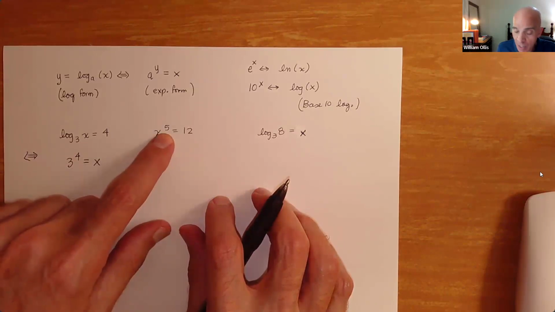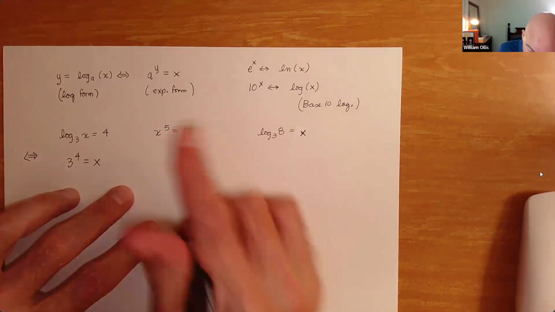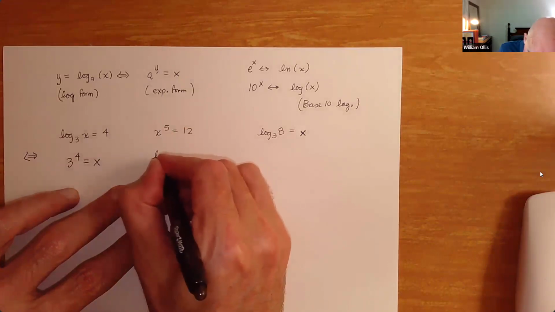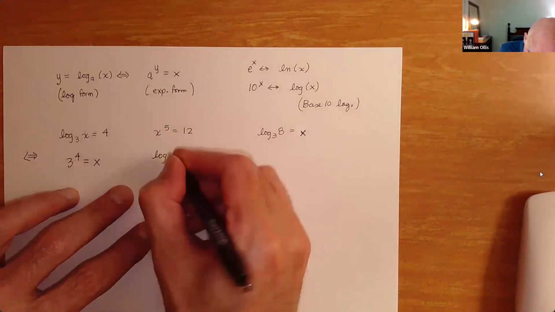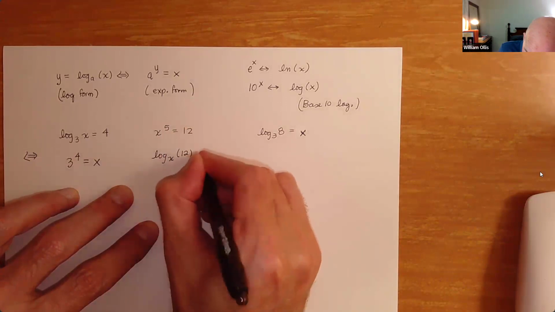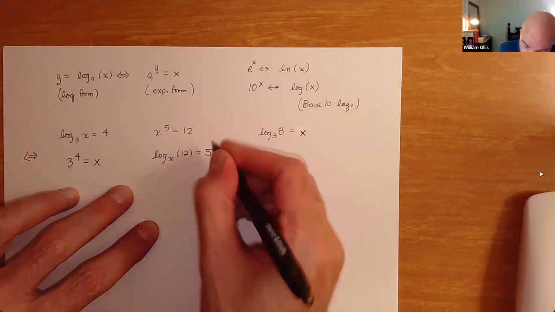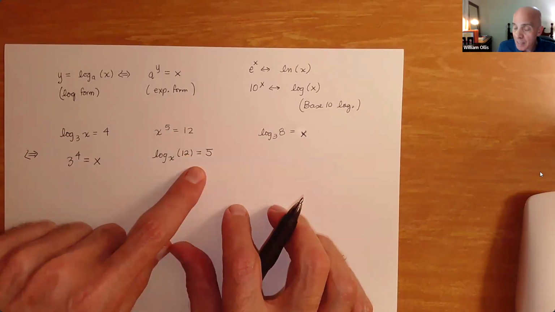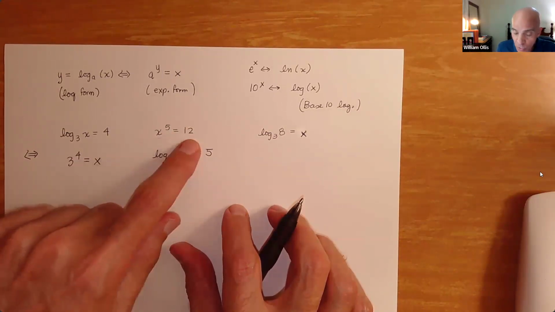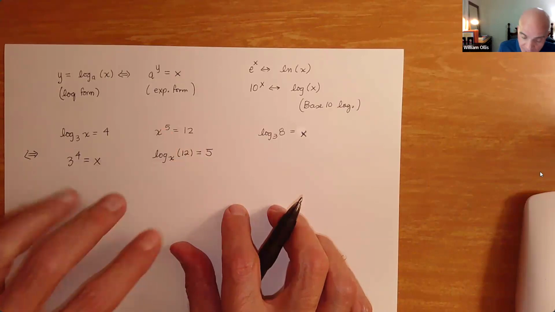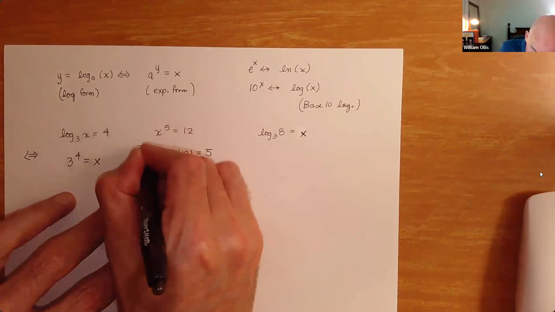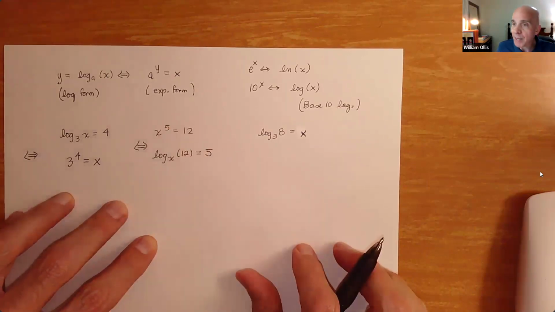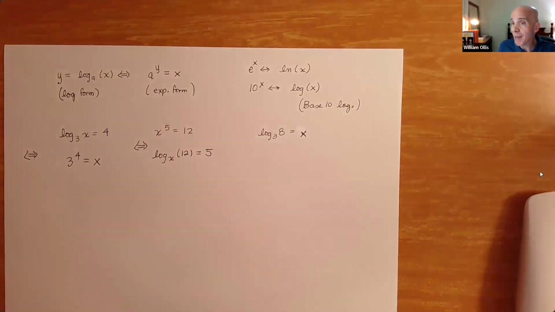So 5 is a logarithm. It's the base x logarithm. So we say the base x logarithm of 12 equals 5. What's a logarithm? A power of the base, because it's the reverse path.